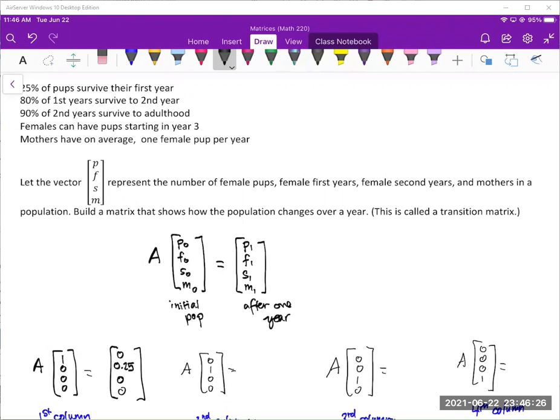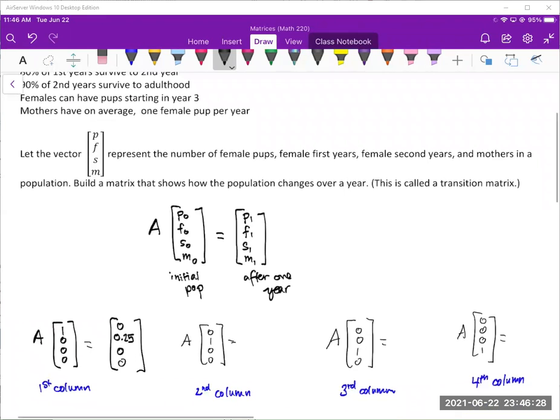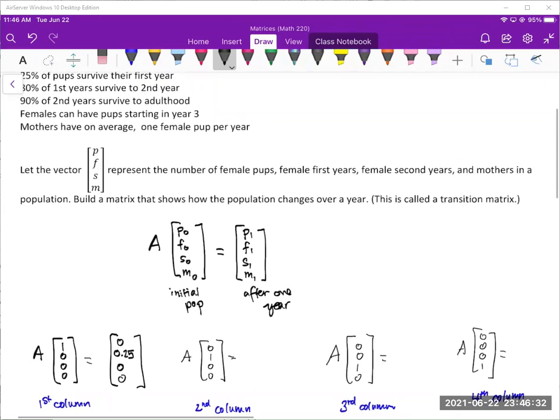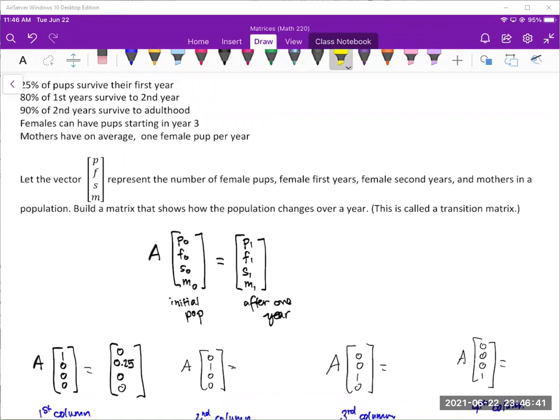Okay. All right, for our second column, we're starting off with only first years. If we come back 1 year later, 80% of our first years will have survived to become second years. So we will see no pups, no first years, only second years, and 80% of what we began with.